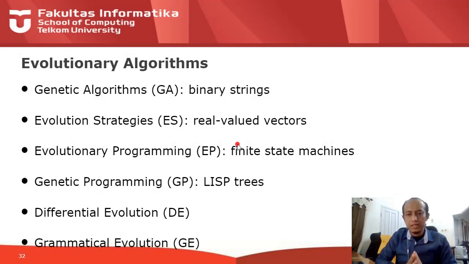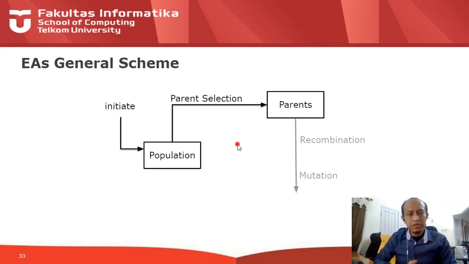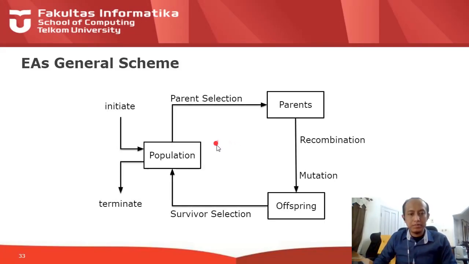We will be discussing genetic algorithms here, but there are also other evolutionary algorithms. Generally, all evolutionary algorithms have these concepts. A population can be initiated and terminated when individuals don't survive.